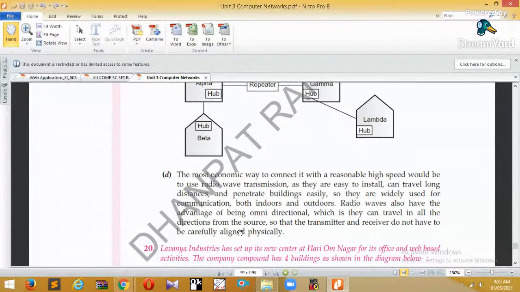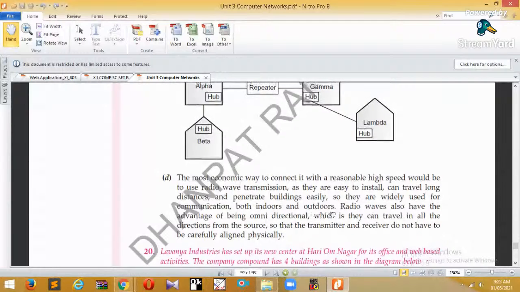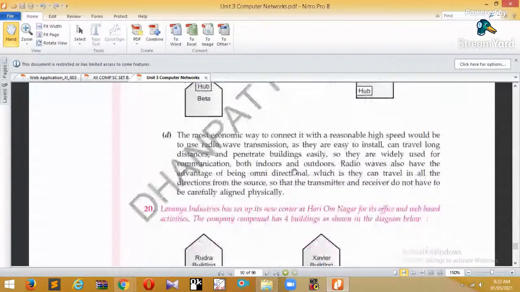so that it can penetrate whatever buildings or other things are there, and simply the data signal will not be lost. The signal strength will also be good. Radio will also have the advantage of being omnidirectional. Omnidirectional means it can travel in any direction, in all directions from the source, so that the transmitter and receiver do not have to be carefully aligned physically.